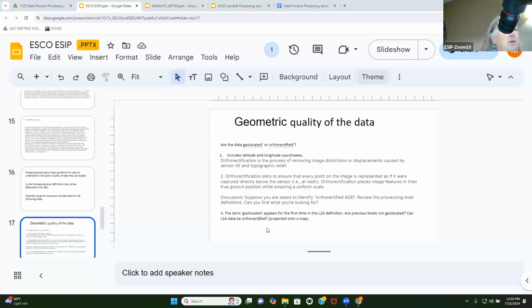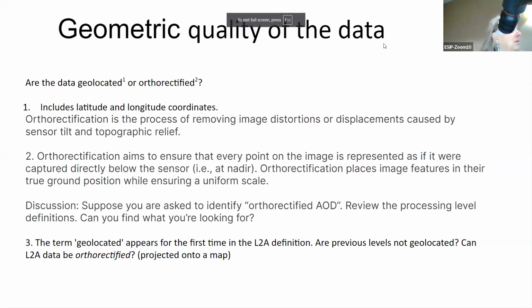I wanted to put, yeah, there are some specific questions that have been given to us to consider in processing levels that, as I mentioned, came from Peter Strobel. I do think if we're going to have processing levels, if they're going to be something that we're requiring people to use, there are some unclear definitions involved.